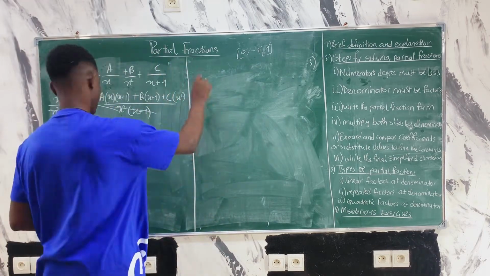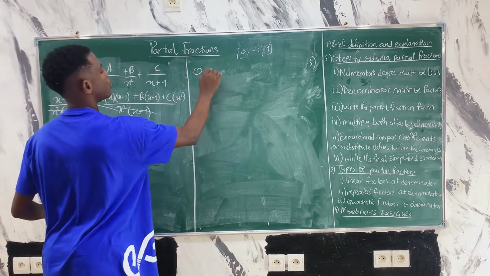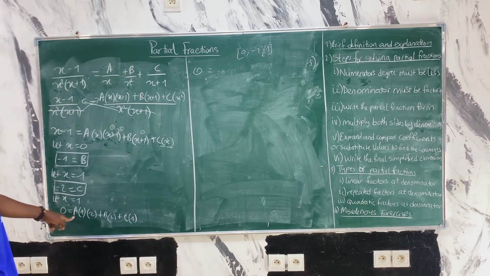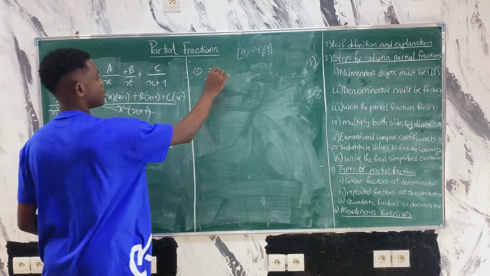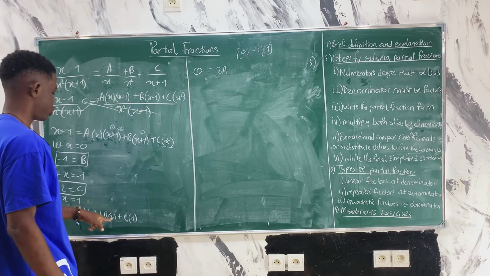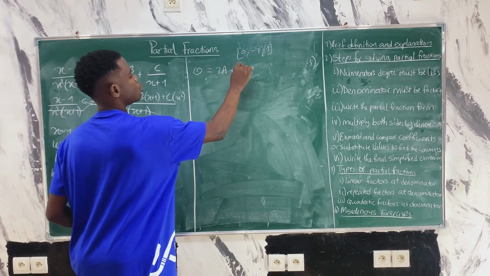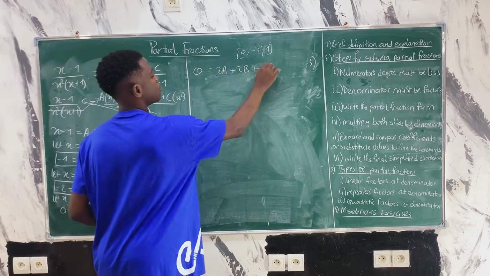That will be equal to 0 is equal to a times 1 times 2. 1 times 2 is 2. So I have 2a, plus 2b, and plus c.